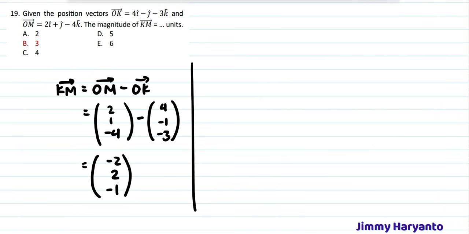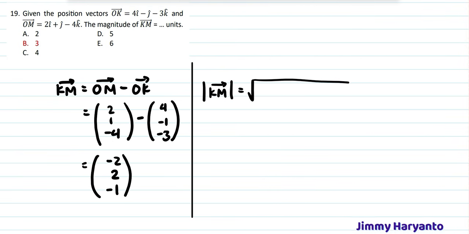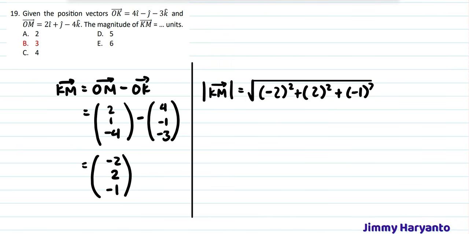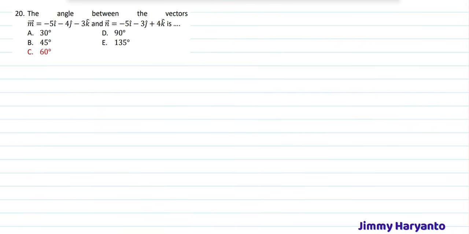Okay, that is KM. Next is the magnitude of KM. Magnitude of KM is square root of x squared. The x is negative 2, the y is 2, and the z is negative 1. So 4 plus 4 is 8, 8 plus 1 is 9, equals to 3. B.